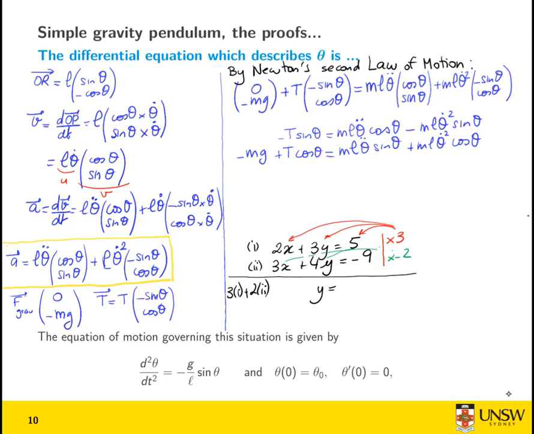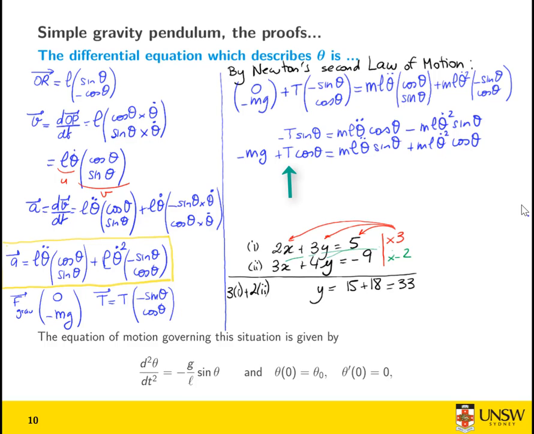Now the right-hand side. So we get 3 times 5, that's 15. And then -2 times -9, and that's plus 18. And that's 33. So that's the method we were using when we were doing elimination if we wanted to get rid of one of the variables.